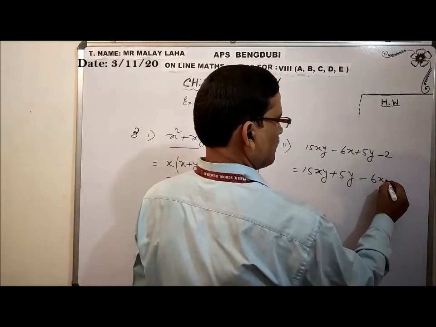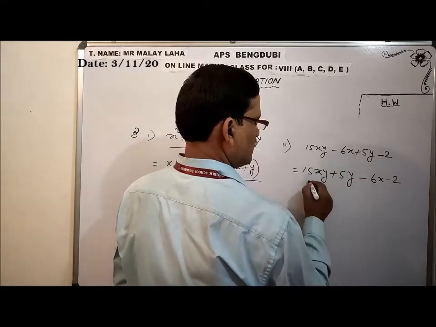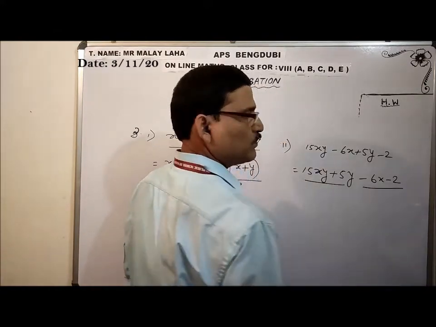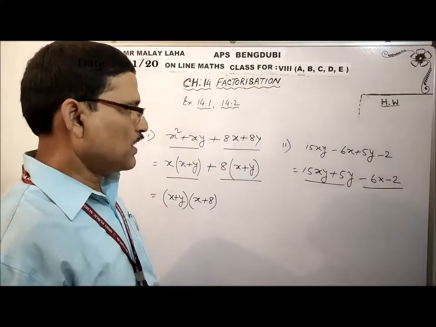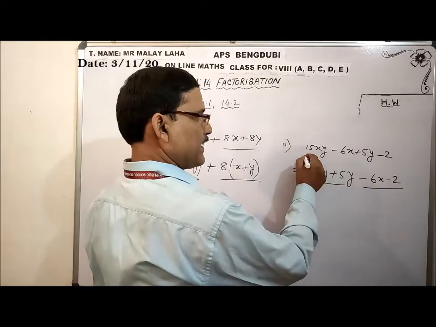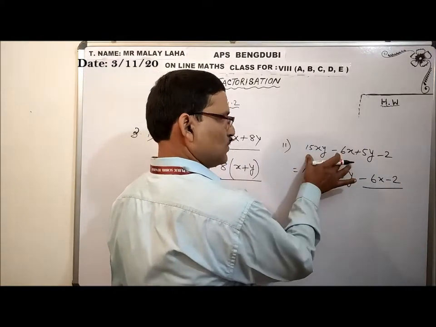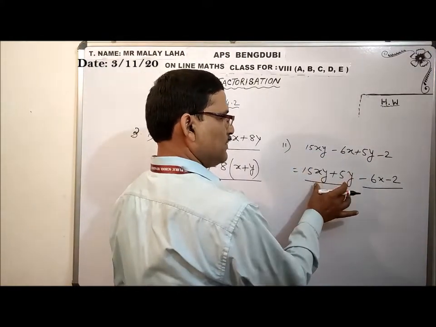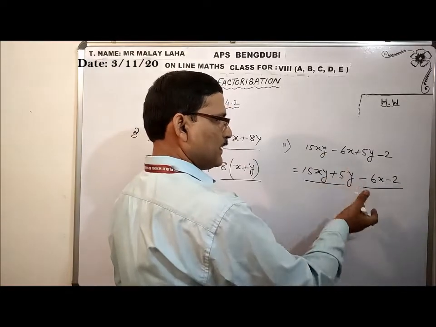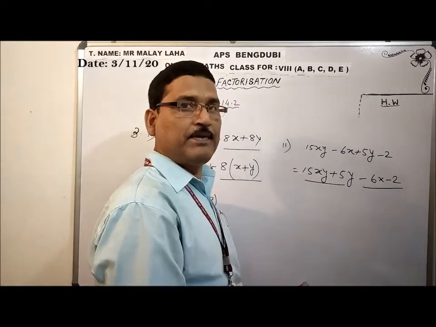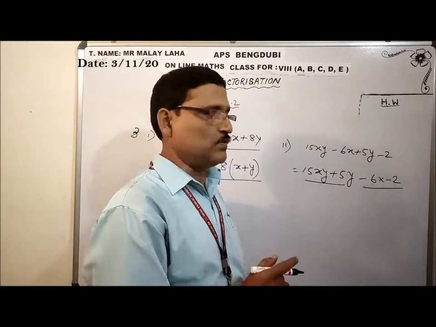Minus 6x and minus 2 is one group. Understood? I can take common from this also, but it will be easier if I group. Grouping can be done by rearranging the terms also.